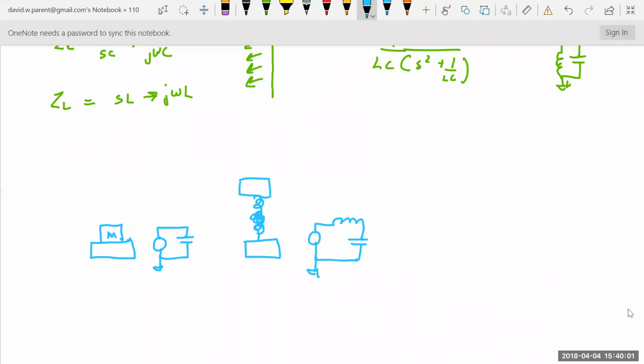So we learned something new, that we can have a second order system over, under, critically damped. This is a second order system that's none of those. It's just not in control.